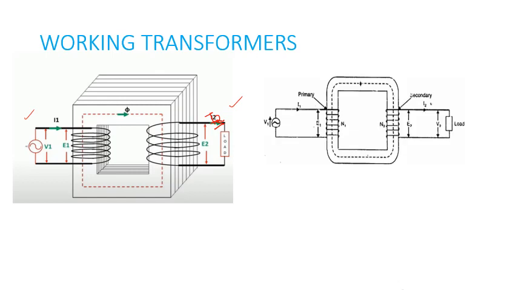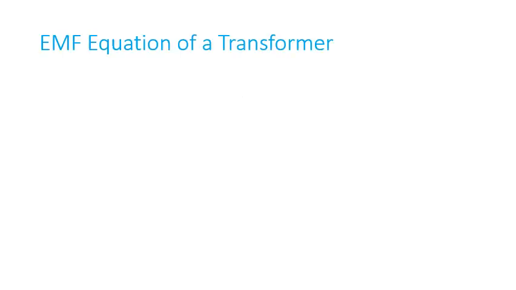Then, the EMF equation of a transformer. A voltage V1 of frequency f Hz is applied to the primary. The sinusoidal flux phi produced by the primary can be represented as phi equal to phi m sin omega t.